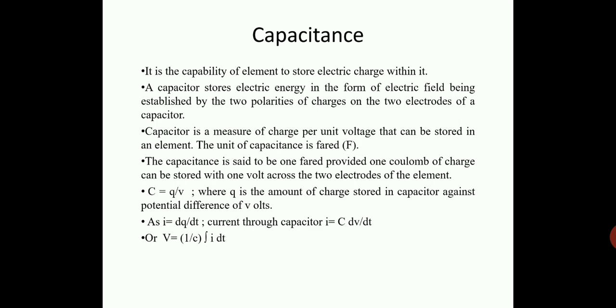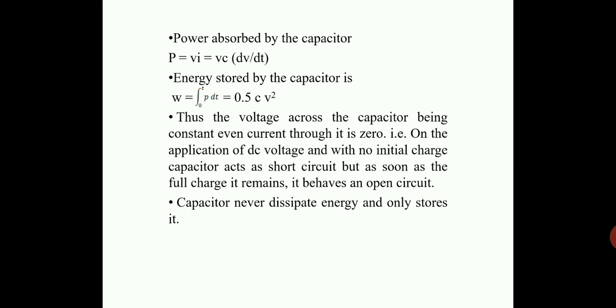C is equal to Q by V, where Q is the amount of charge stored in the capacitor against potential difference of V volts. As I is equal to dq by dt, current through capacitor I is equal to C dV by dt, or voltage across capacitor V is equal to 1 by C integration of I dt.